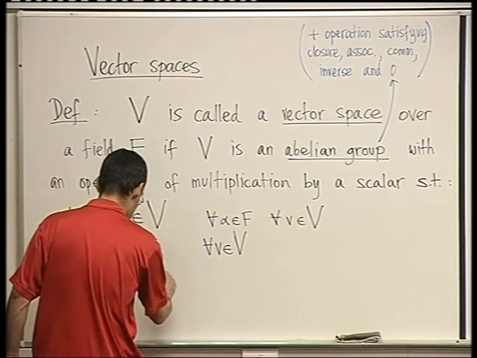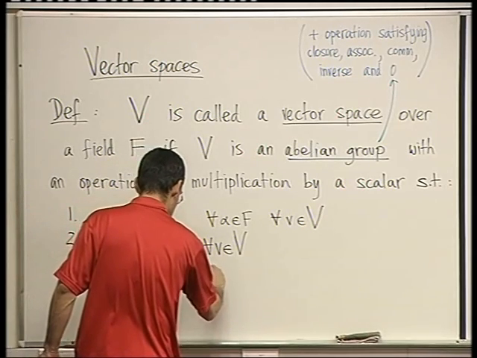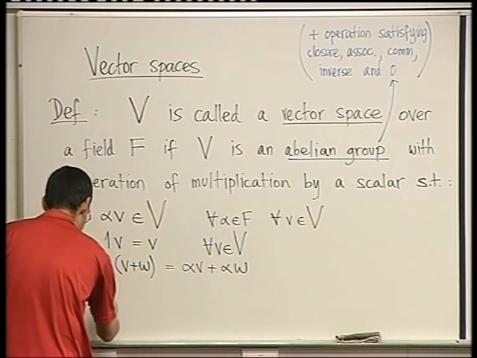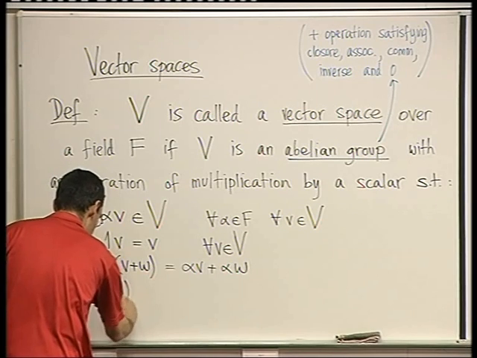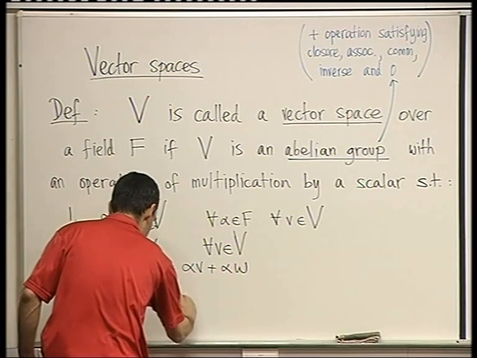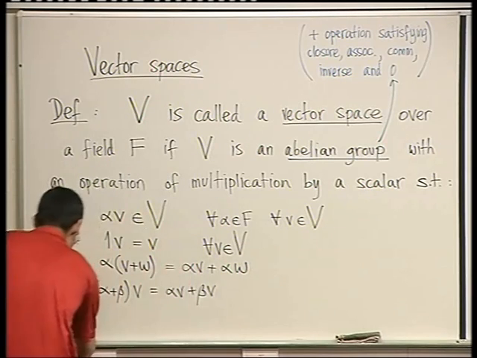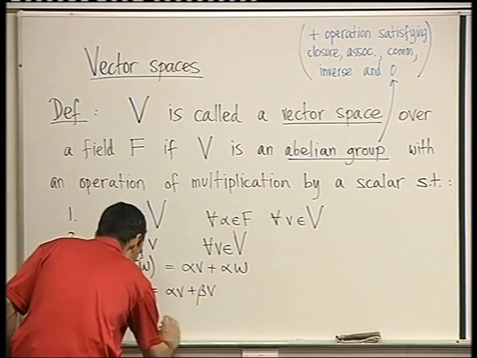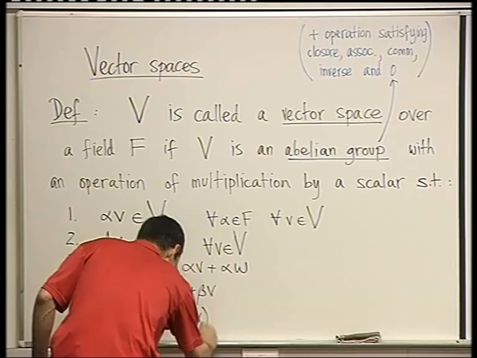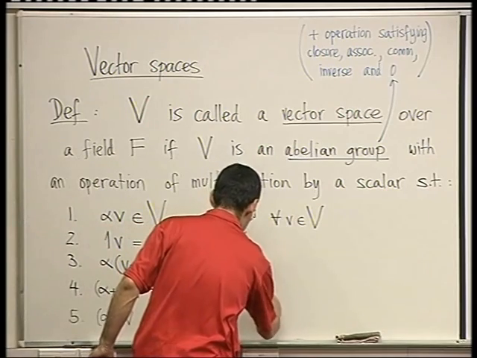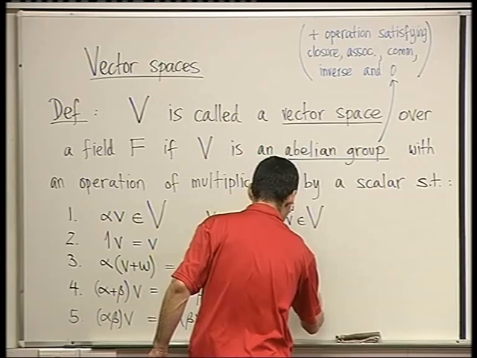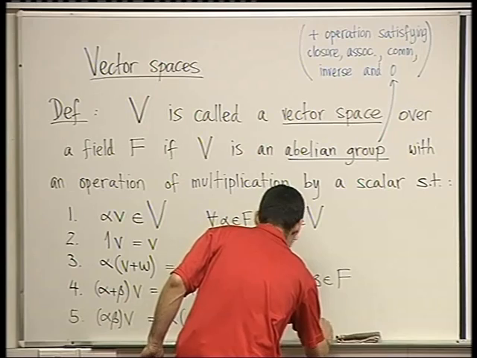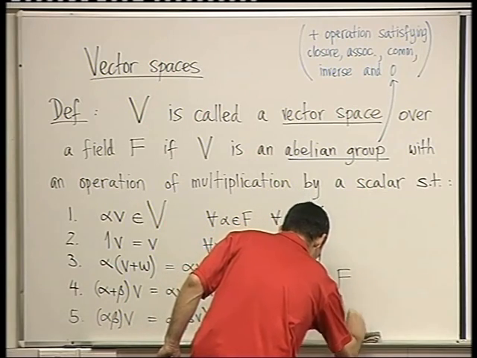Okay? So alpha times (v plus w) equals alpha v plus alpha w, (alpha plus beta) v equals alpha v plus beta v, and 5, alpha times (beta v) equals (alpha beta) v, and these 3 are for every alpha, beta in the field and for every v and w in the space.